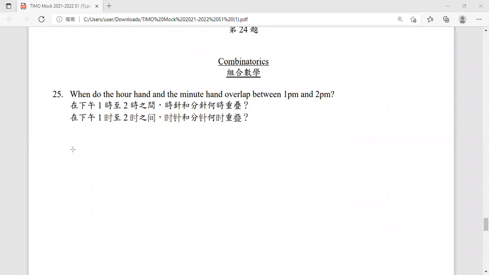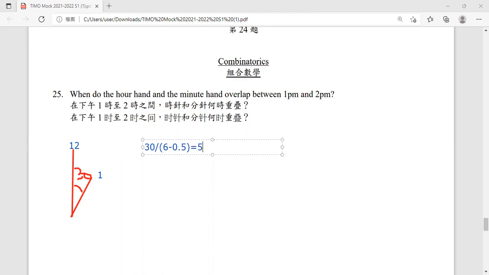Imagine this is 1 p.m. The 12 is here, and you will know the angle here is 30 degrees. So it's just 30 degrees divided by the speed of the minute hand, 6, minus the speed of the hour hand, 0.5 per minute.